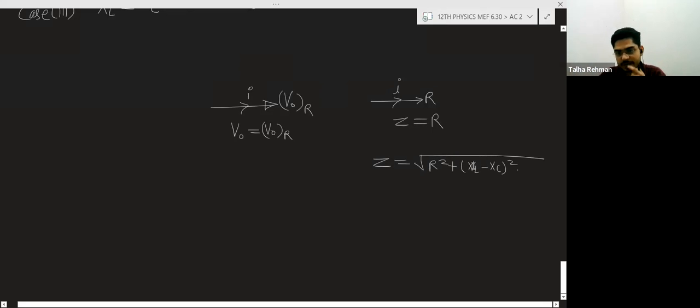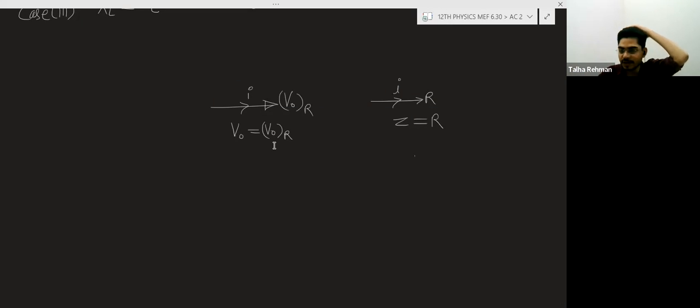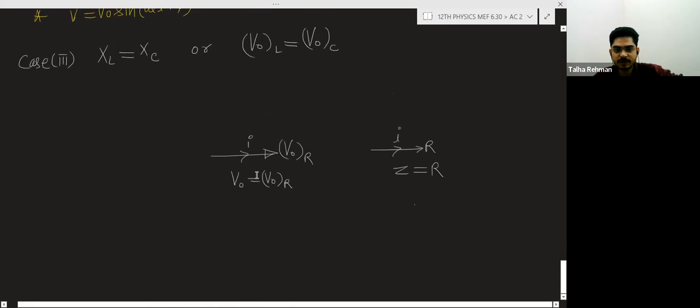Here XL is equal to XC, so this term will become 0. So here will be R square, so that is why I have written Z is equal to R. Same you can do for the voltage. You will write V is equal to the square root of V naught R square plus V naught L minus V naught C square, and V naught L and V naught C are equal, so both cancel out. Finally you will get this as the resultant voltage.